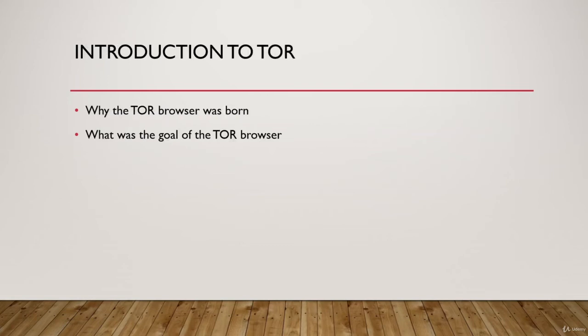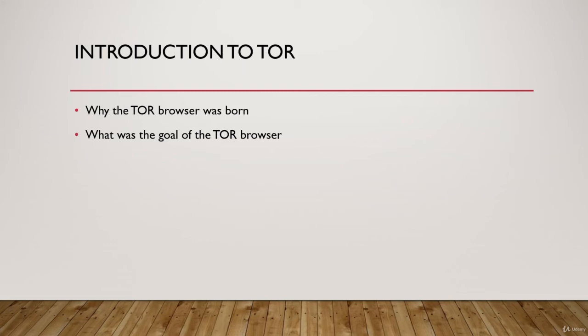Once again, why was the Tor browser born? One of the main reasons why the Tor browser was born is really to help answer a need of anonymity when browsing online. So a lot of people were browsing online and wanted to stay anonymous, and it's really hard to be anonymous, especially online.